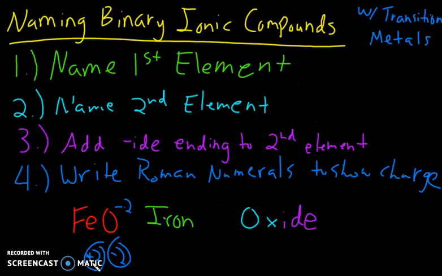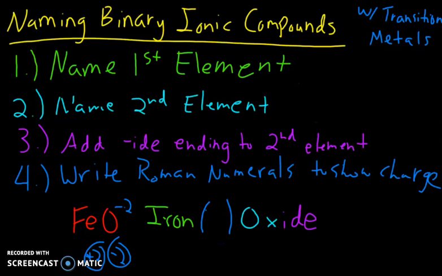So if our iron has a charge of +2, we have to show that in our name. So we're going to go ahead and put some parentheses here. And we're going to write the Roman numeral 2 in parentheses. I'm going to fix that up. That looks really messy.